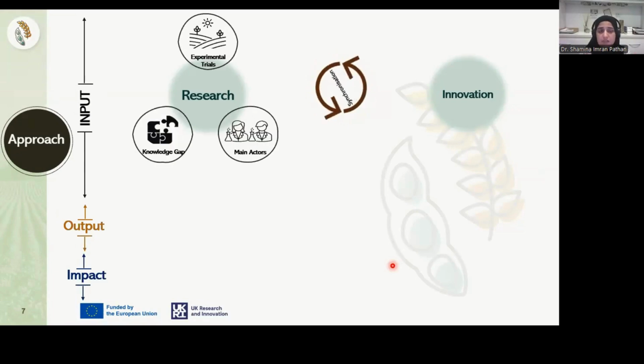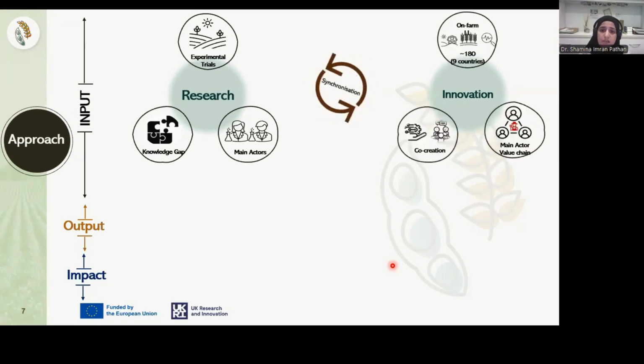In research, we set up 7 research field trials in 7 European countries. The researchers are the main actors, filling the knowledge gap we have for intercropping. On the other side, for innovation, we have these living labs. We give the name living labs, but they are a kind of on-farm trials in 9 countries.